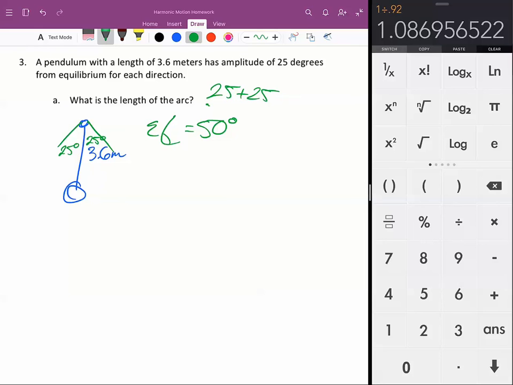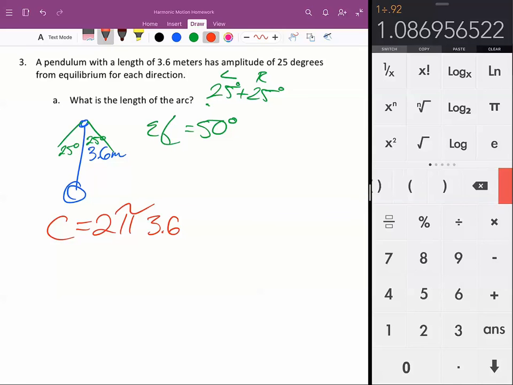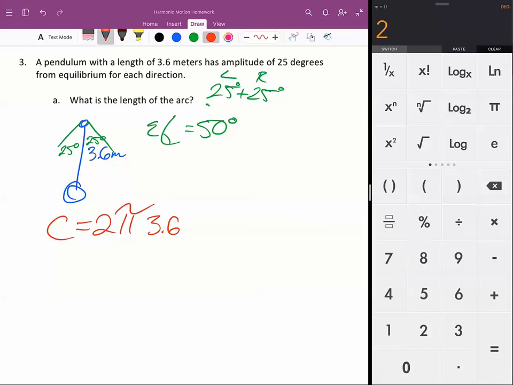Now going based on circumference, we had 2 pi and your radius was 3.6. So we have a total circumference of 22.6 meters. This is based off a total of 360 degrees of a circle.